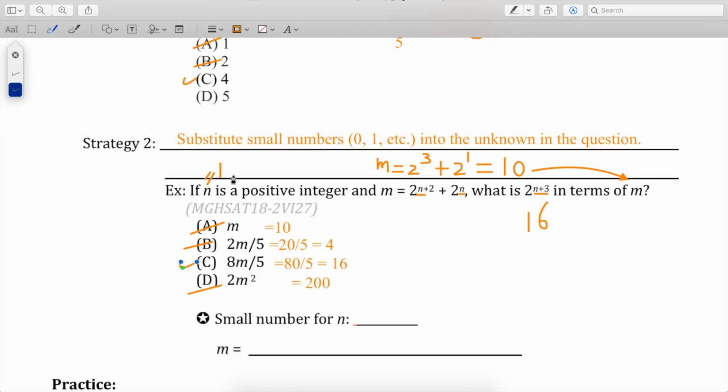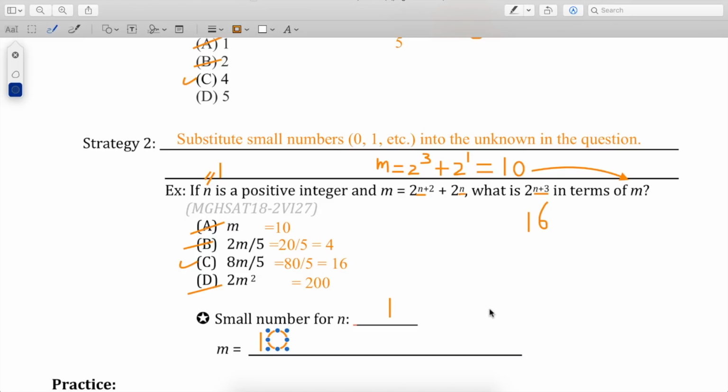If that happens, then you plug in another number for n, let's say 2, and check C and D and see which one continues to work while the other doesn't, and then you get the answer. Here, the small number you can put in for n is 1, and when you put in 1, m equals 10. Then you plug these numbers back into the choices, and you check, and you get the answer to be C.